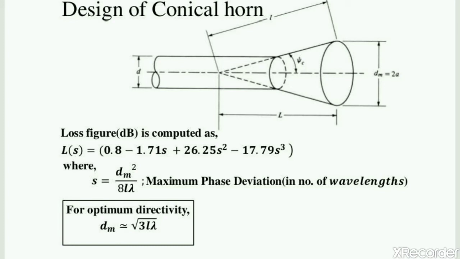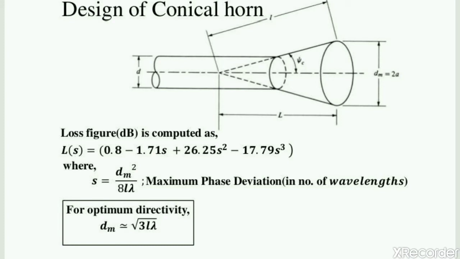So for the optimum directivity, the equation will be dm is equal to the square root of 3 l lambda. So please remember this equation, which is used to improve the directivity of conical horn using the axial length and the wavelength, and also the equation of loss figure and the equation of maximum phase deviation.